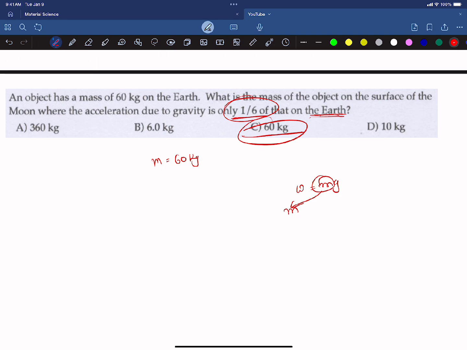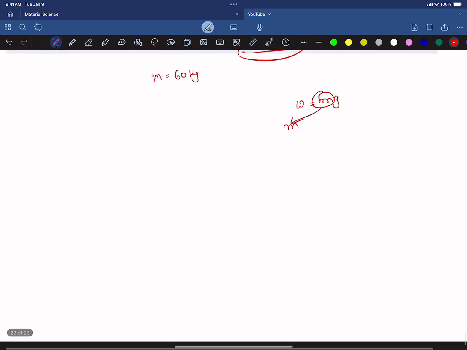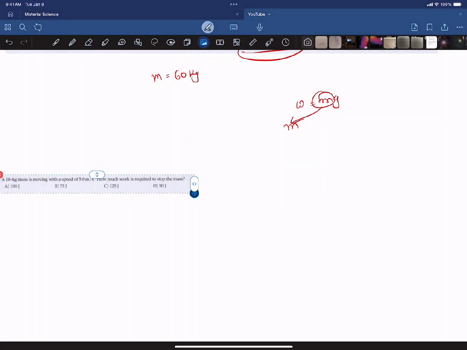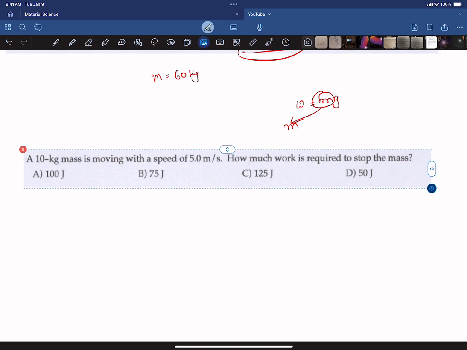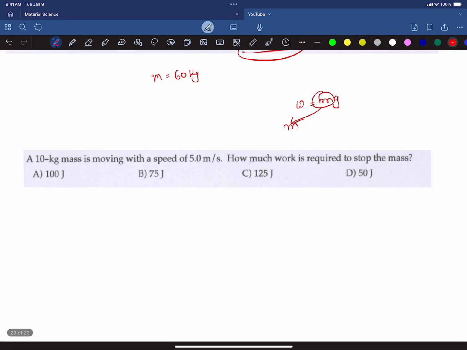Now let's move on to the next question. A 10 kg mass is moving with a speed of 5 meter per second.